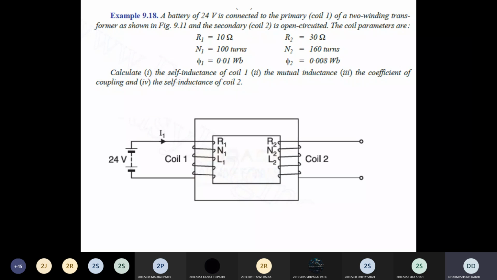So this phi 2 that is given for coil 2 is nothing but the flux linked with coil number 2, because there is no current flowing into coil 2, so no self flux is produced by coil number 2. So this flux phi 2 is because of current flowing into coil number 1. So you can say that this phi 2 is nothing but phi 1 2. Clear?